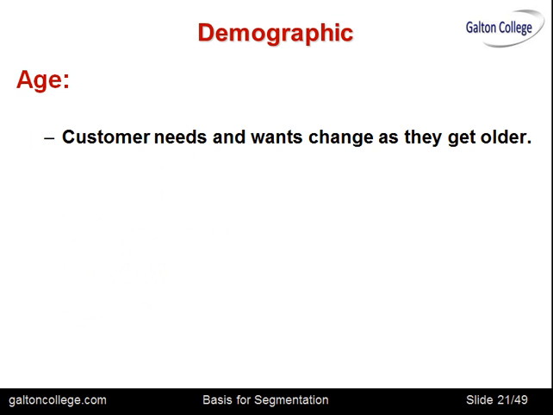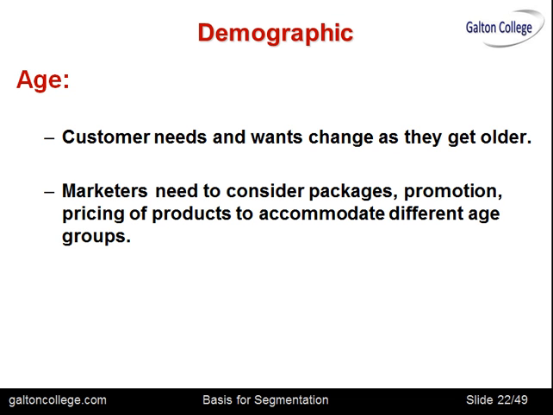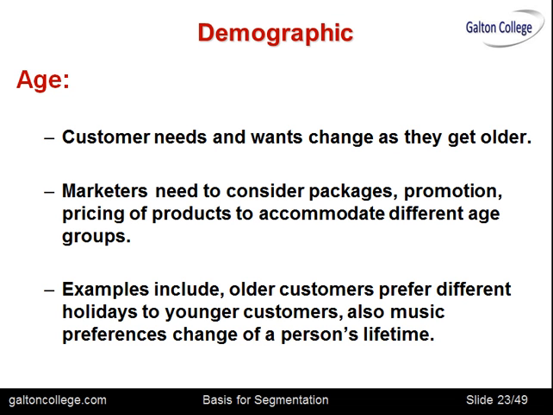Well, customer needs and wants change as they get older. Marketers need to consider packages, promotion, pricing of products to accommodate different age groups. Examples include older customers prefer different holidays to younger customers. Also, music preferences change over a person's lifetime.